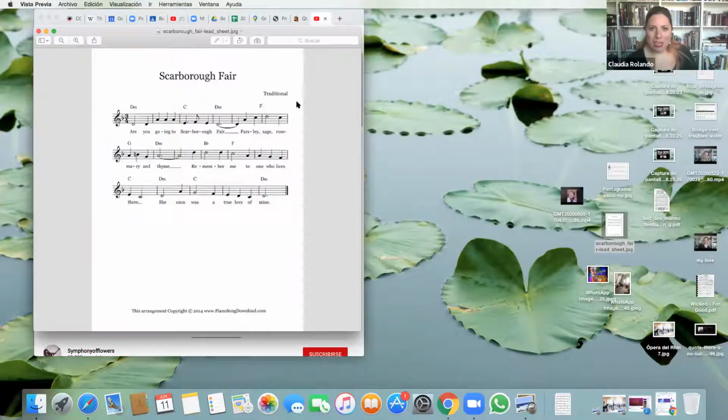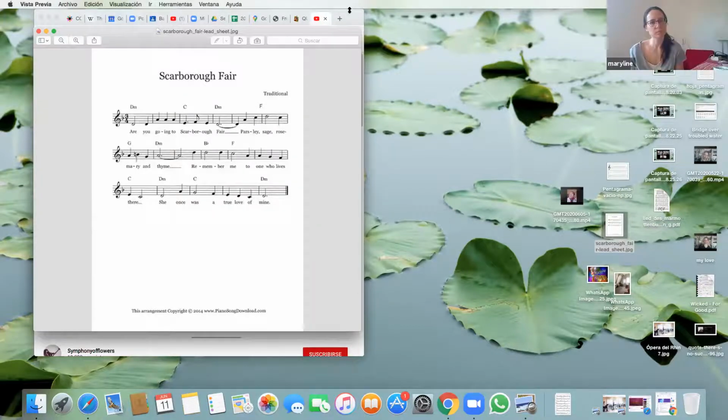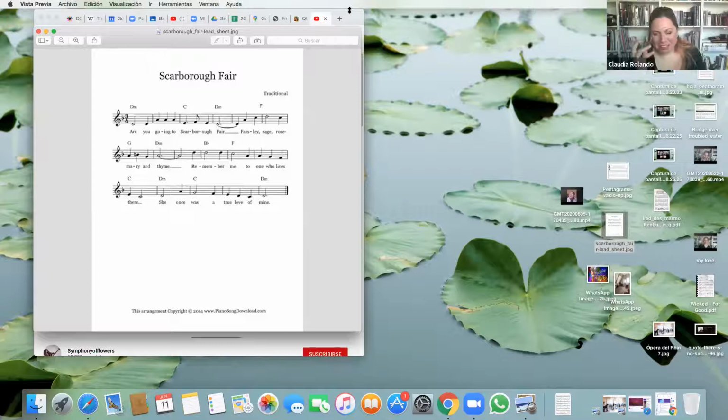Okay, with this idea, I want every one of you to sing it, keeping or changing, because we have like 5 options with the melodic motive. We have repetition, like keeping the same. We have variation. This is what we have been doing.